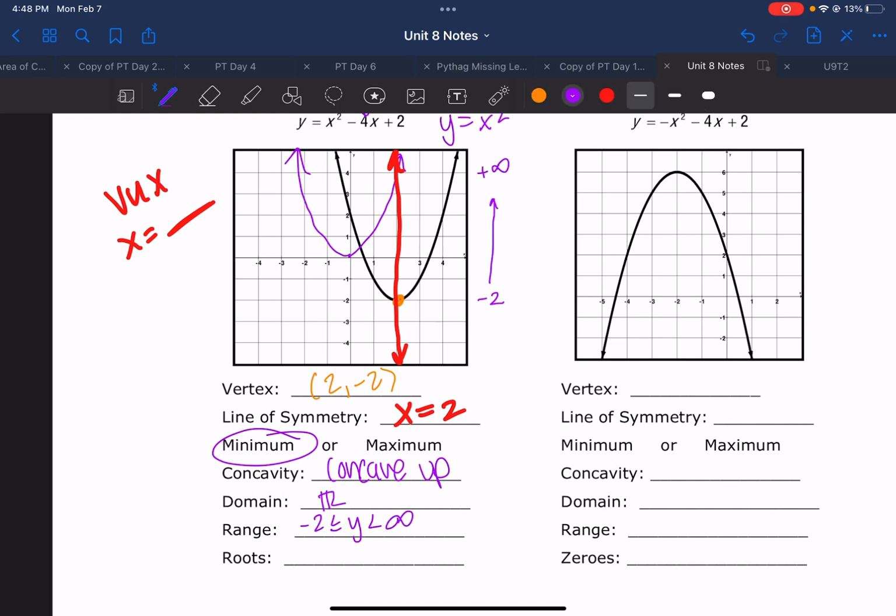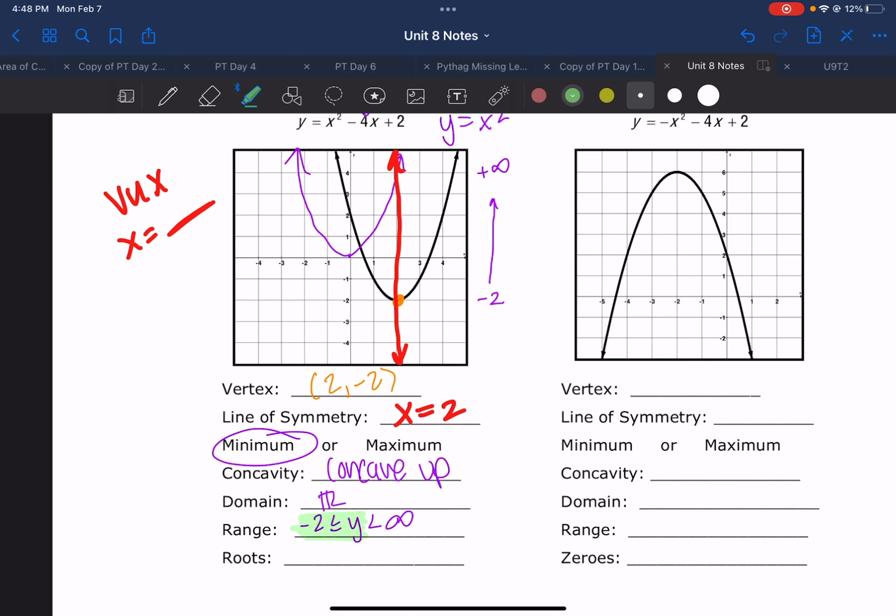Or if you wanted to write just this first part, it's the same answer: y has to be greater than or equal to negative 2. Same thing. That's the range.